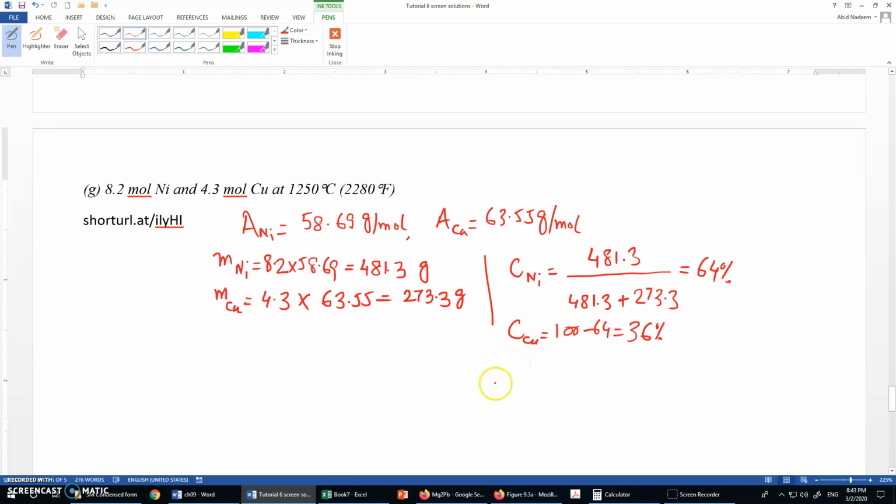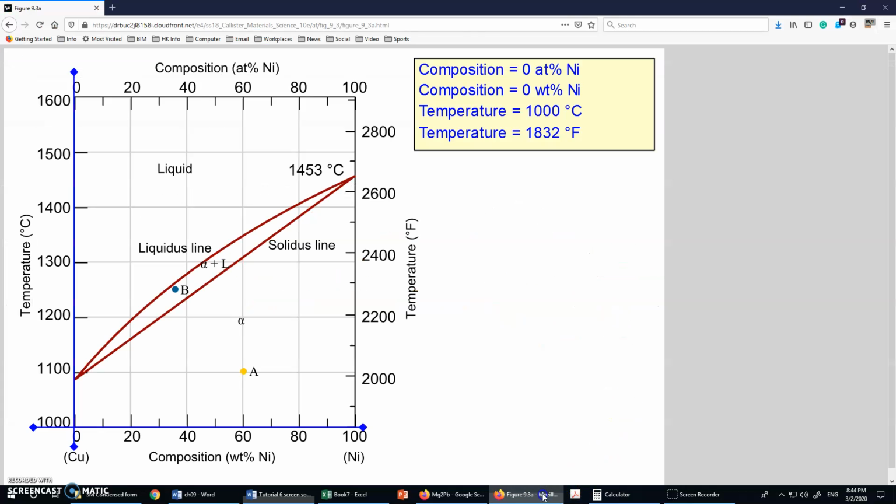Now we see the copper nickel diagram at 1250 degrees centigrade with concentration of nickel at 64%. Concentration of nickel is 64% here, at 1250 degrees centigrade. 1250 degrees centigrade is there.